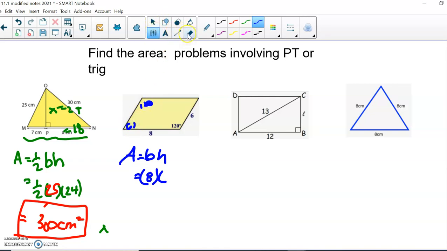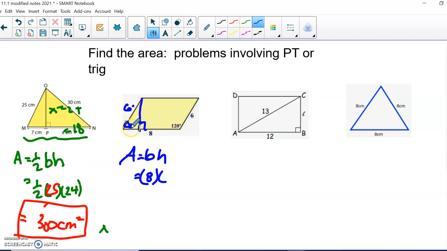So I'm going to go ahead and drop my height. Oops, let's fix that. I'm going to drop this perpendicular. I'm going to carry this 6 over here. Okay. And so now we can either use our 30, 60, 90 triangles if you like that, or we can just use trig.